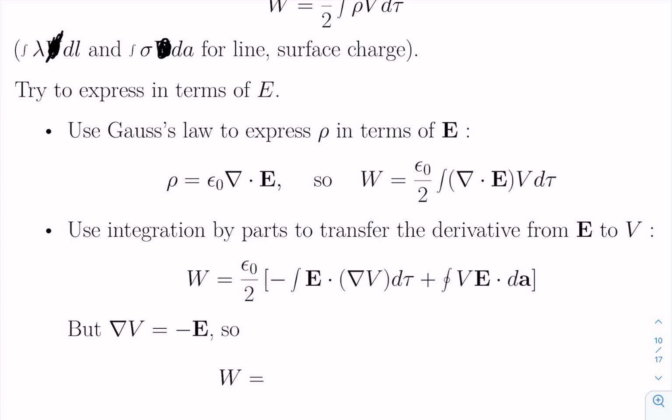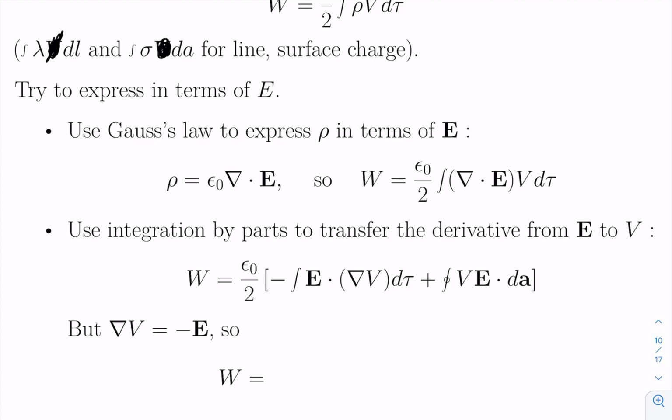Now if we write this out, we have two terms. One is this gradient of v we just talked about. But remember that if we do the integration by parts, we added another term, and that is related to the edge of this integration. And this edge of a volume is a surface.